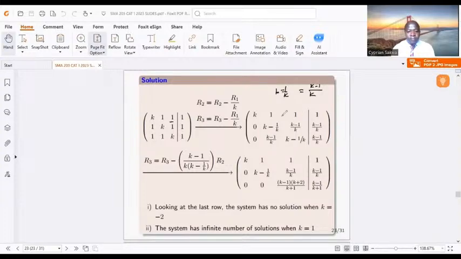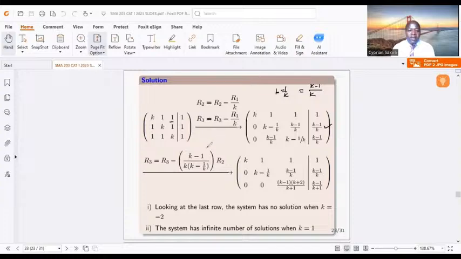That's what I wrote. You can simplify it. Then the last element, 1, and again that will give me this. You do the same for this other row.